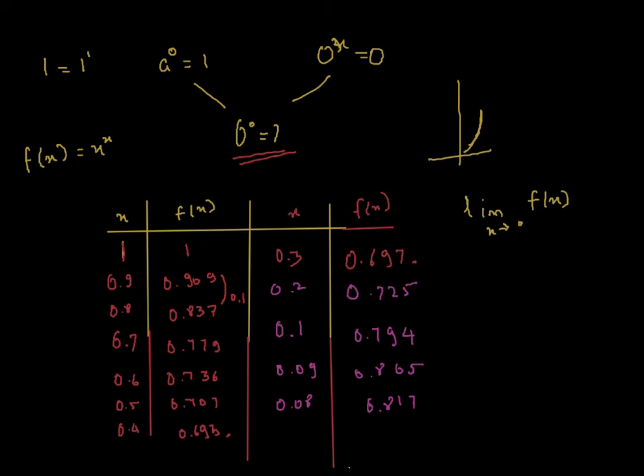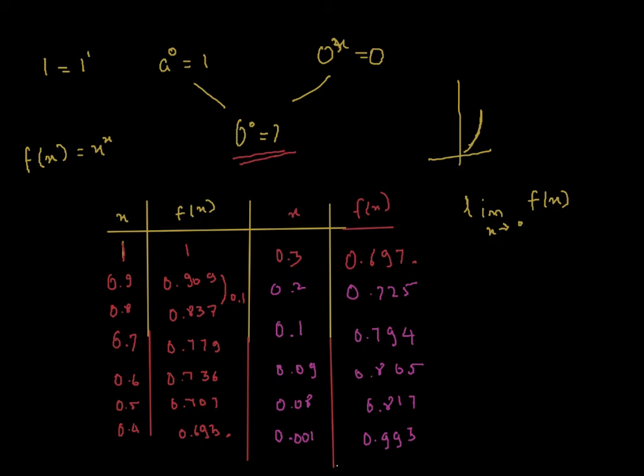Let's just jump now to 0.001. Putting 0.001 raised to 0.001 gives us 0.993.